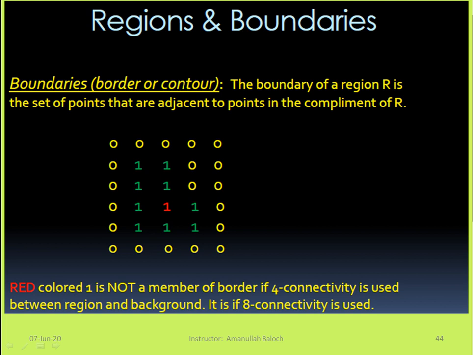So it exists here. 8 connectivity is there, and we can say that this one is at the border or at the boundary of this whole picture, the whole background.